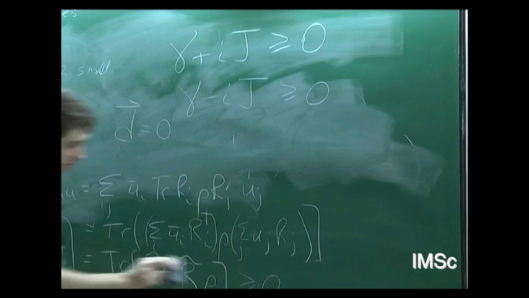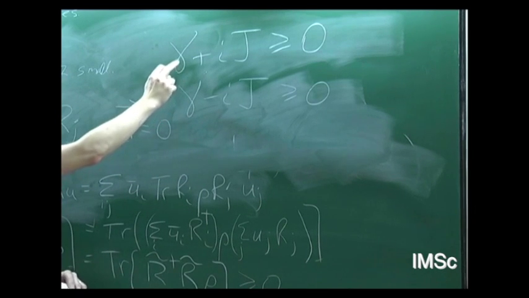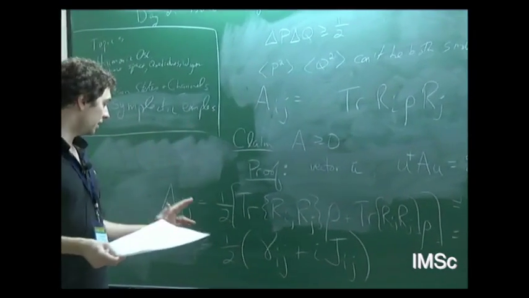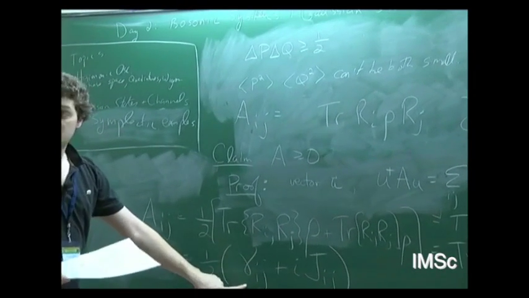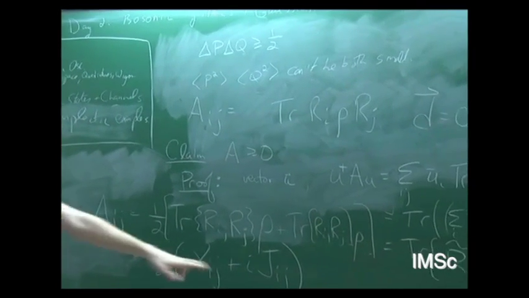We'll just leave it like this. So the goal is to show that for any covariance matrix, gamma plus ij is positive semi-definite. And the method is by taking this aij that we can show is positive semi-definite, and then explicitly writing it in terms of gamma ij and the commutator of Ri, Rj, which is just this j.